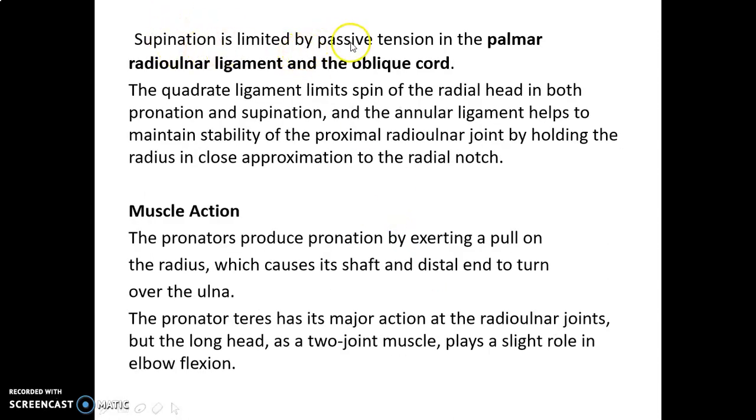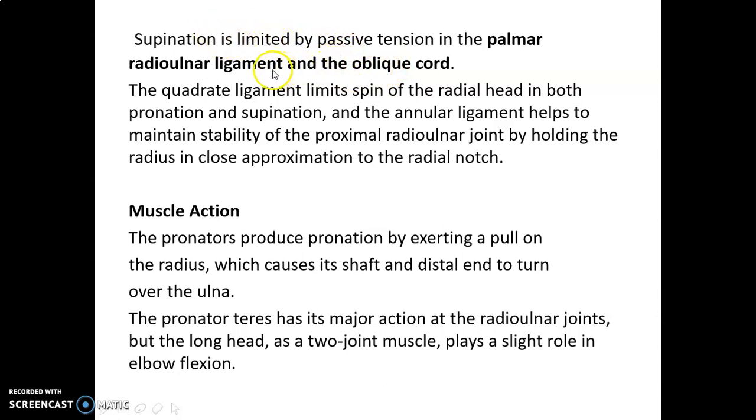Supination is limited by passive tension in the palmar radioulnar ligament and the oblique cord. For pronation it was the opposite: the dorsal radioulnar ligament and the posterior fibers of the medial collateral ligament.